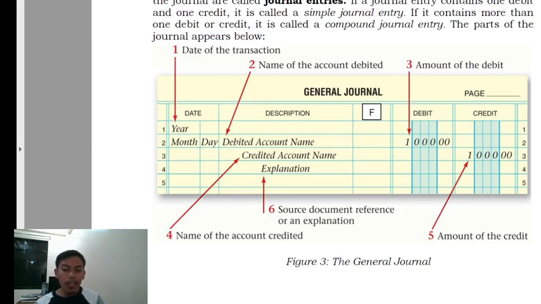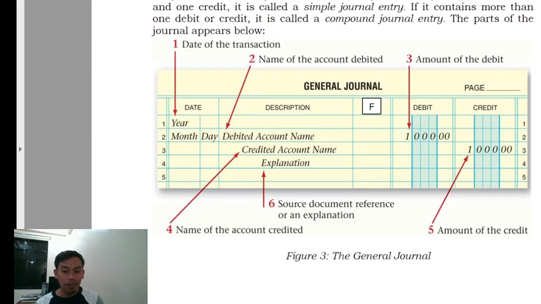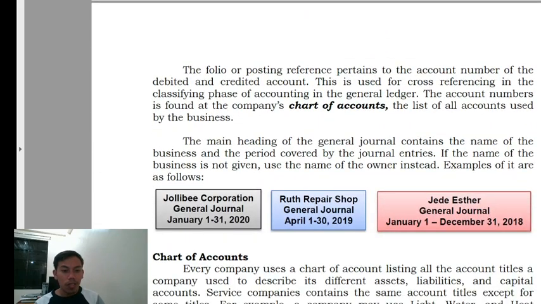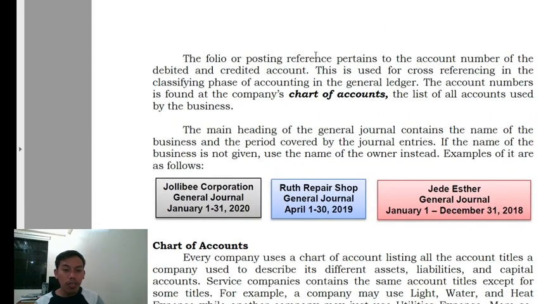So basically, ganito ang gagawin natin. We record the business transaction in the general journal. Next, the folio or posting reference or tinatawag nilang PR. So, PR or F, folio. It pertains to the account number of the debited and credited account. So, let's say ang cash, ang account number niya 100.